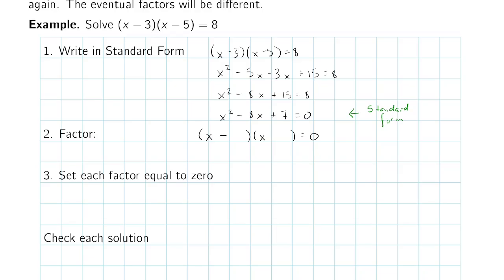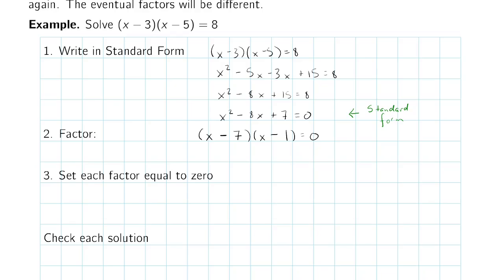They have to both be negative. I think we want negative 7 times negative 1. Right. Negative 7 times negative 1 is positive 7. Negative 7 plus negative 1 is negative 8. Those are our factors.